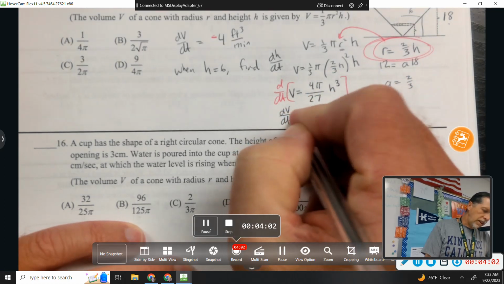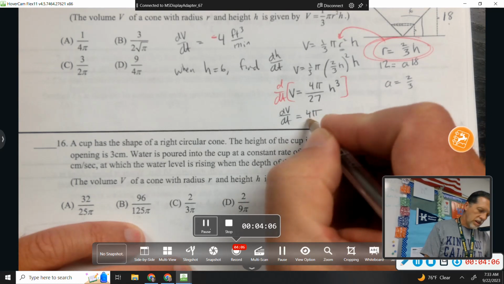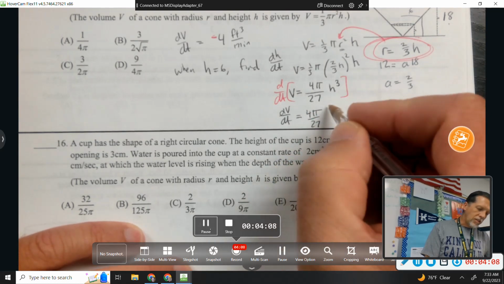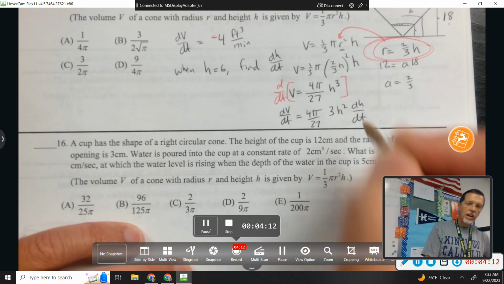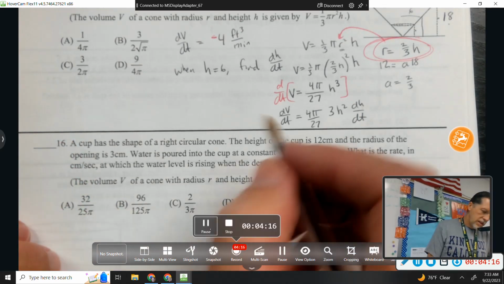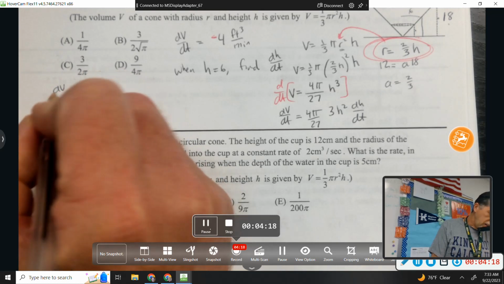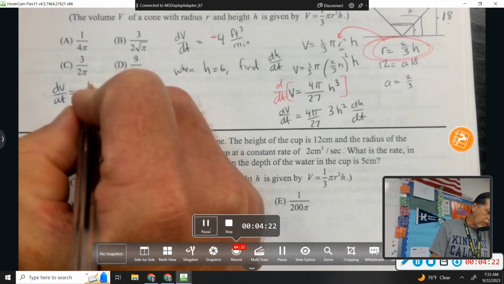So dV/dt equals, let's see, the derivative of h cubed would be 3h squared dh/dt. So again, more cleanup work. The 3 and the 27 reduce.